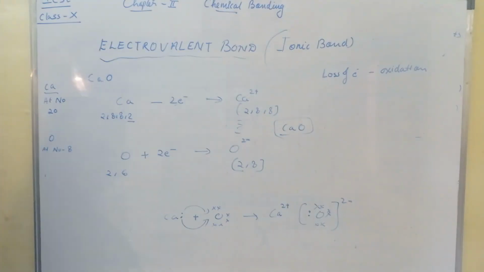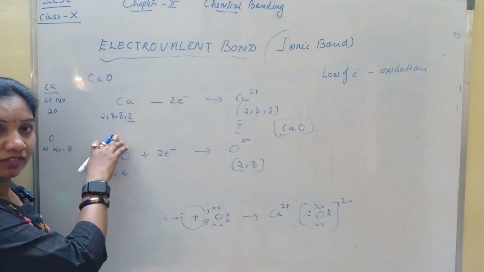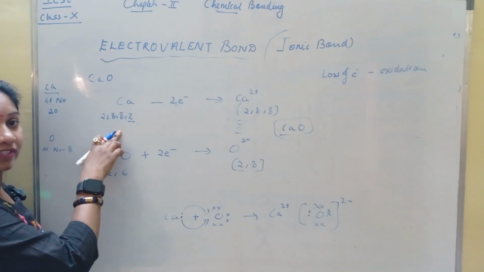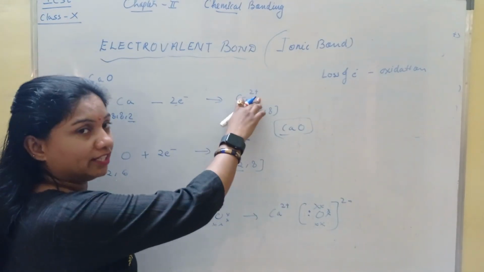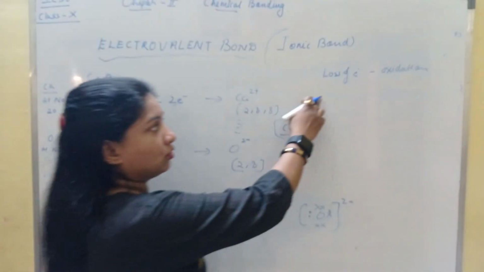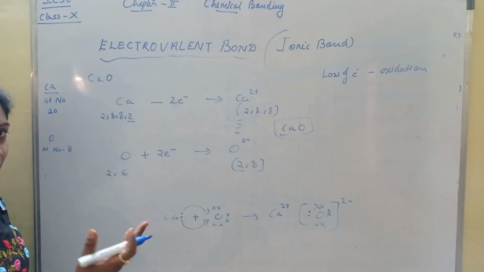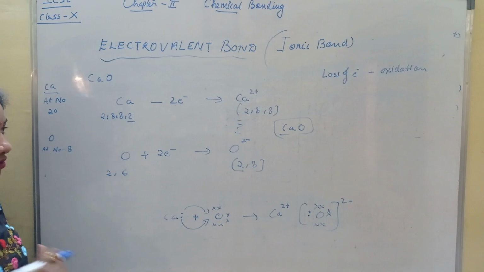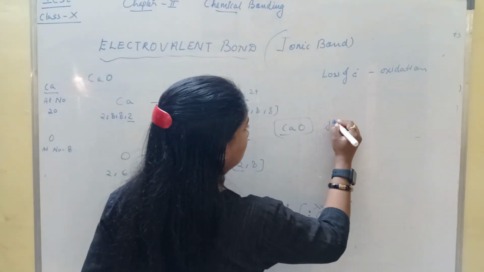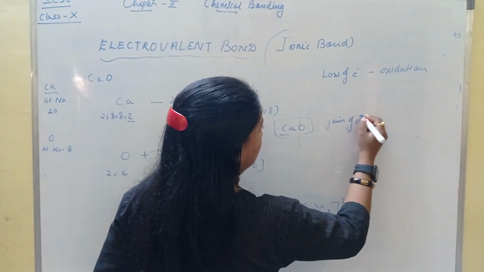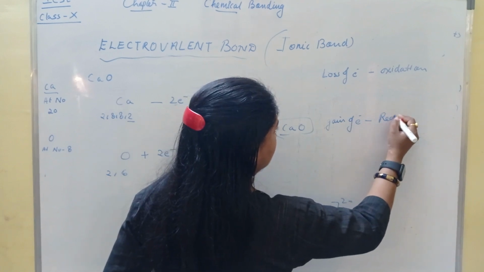So in this example, which species is getting oxidized? Calcium is getting oxidized because it is losing 2 electrons, and I have said that loss of electron is oxidation. And if there is loss of electron, there must be gain of electron also. So the gain of electron is called reduction.